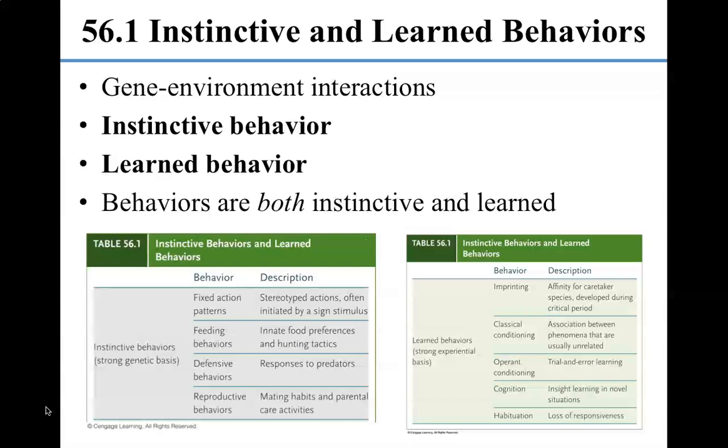While we have these two categories of instinctive and learned, it turns out that most behaviors are a mix of both. A lot of times there's an instinctive genetic basis for behavior, and then animals learn to modify that behavior, or learn when to implement it, or when not to implement it.